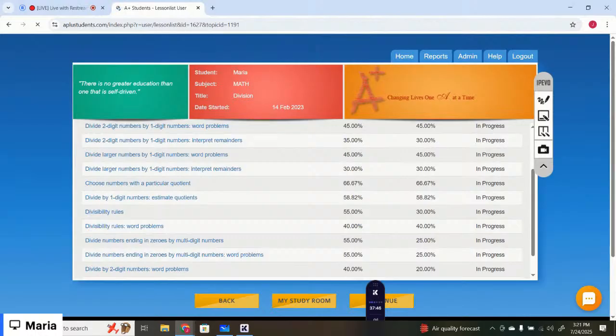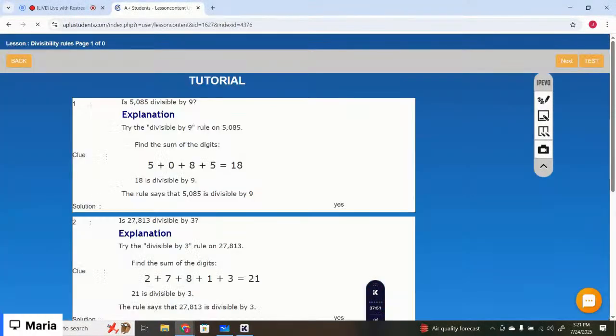That is divisibility rules. Let's just start with the lesson. Is 5085 divisible by 9?